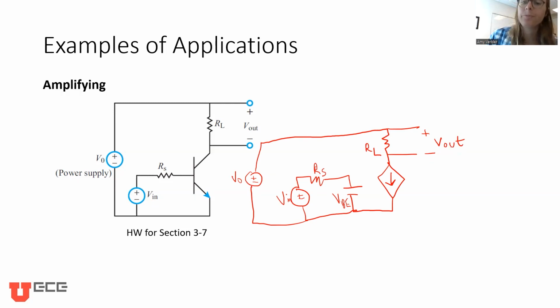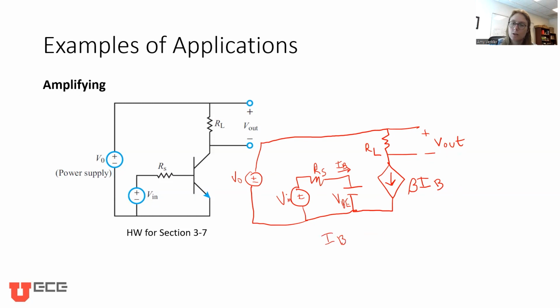It turns out that this current right here is beta IB, where IB is over here. So let's start by figuring out what IB is in this case.